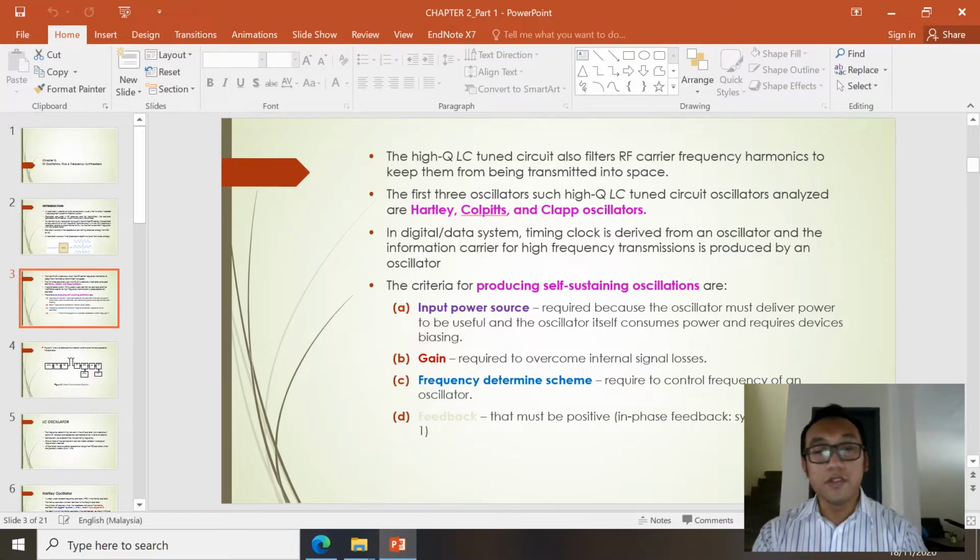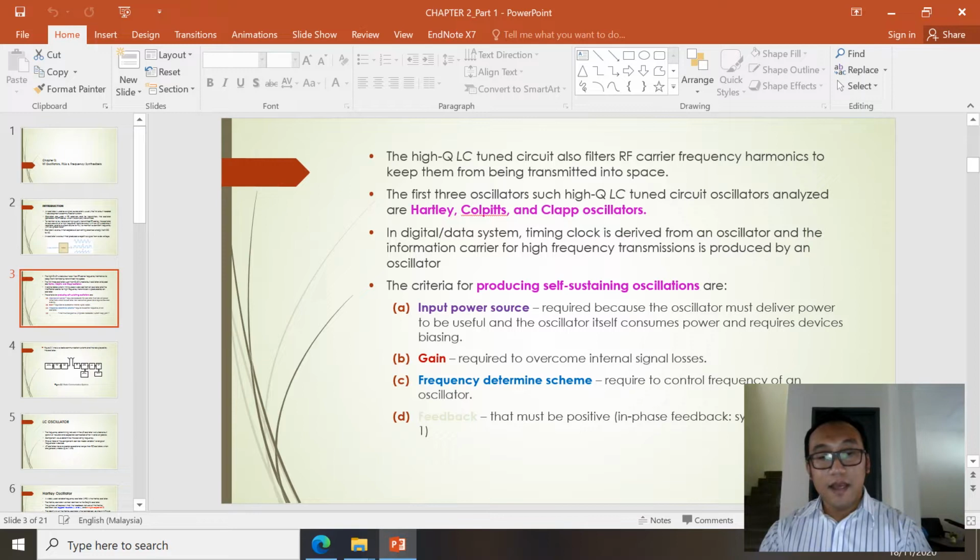Okay, three normal oscillators we use, and there are 4 criteria. When we use an oscillator, we want to determine whether it is very good or not based on these 4 criteria. The first is input, gain, frequency, and feedback. The input first. Input is a power source, so the power should be suitable for the oscillator. Second is gain.